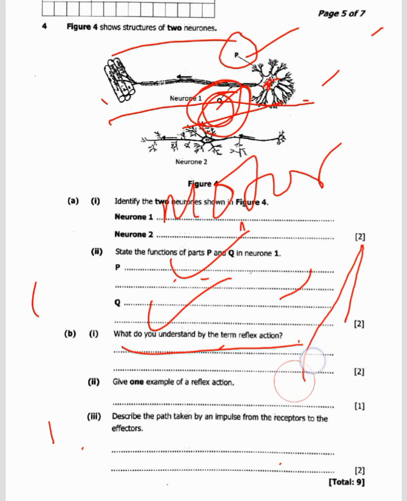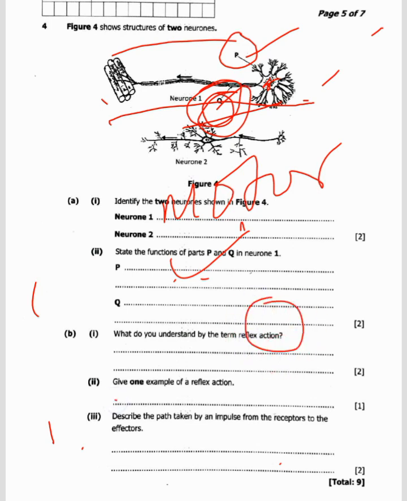There are some responses that we cannot control. Those are what we refer to as reflex actions, because they are automatic.